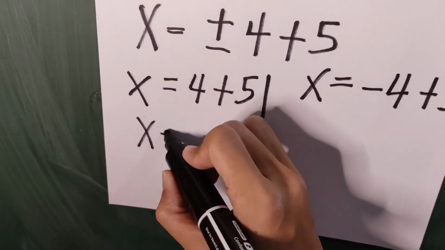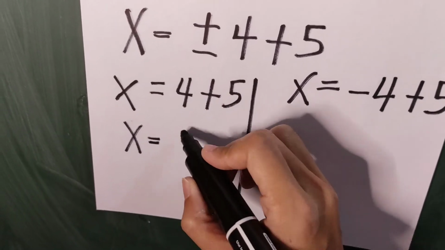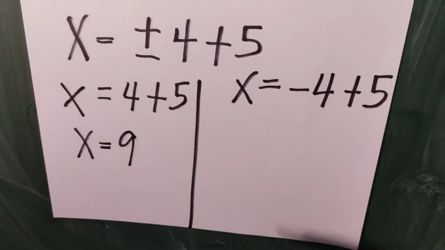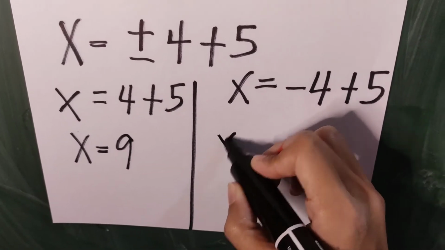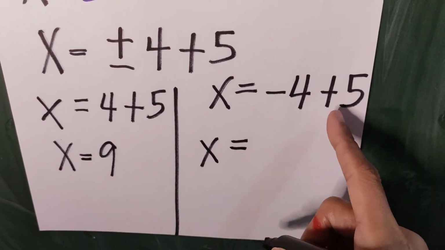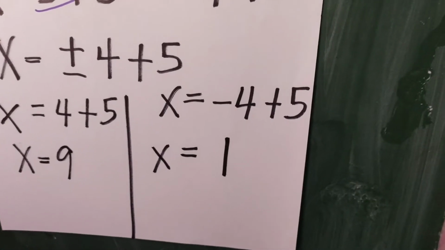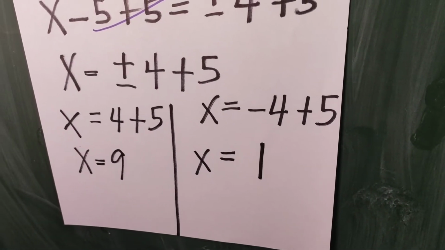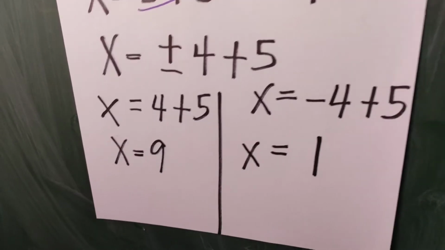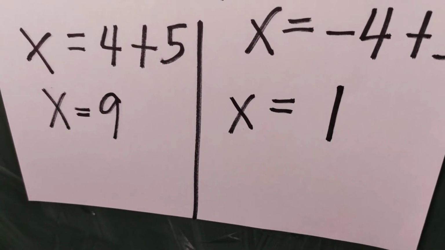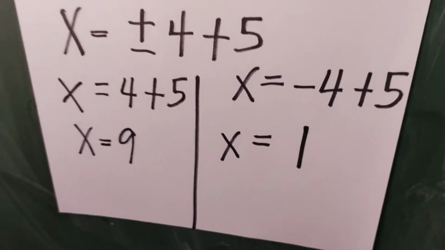Simplify, x is equal to 4 plus 5 is 9. On the other hand, x is equal to negative 4 plus 5 is positive 1. So the solutions to our equation now are x is equal to 9 and x is equal to 1.